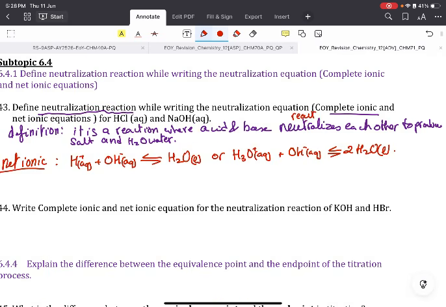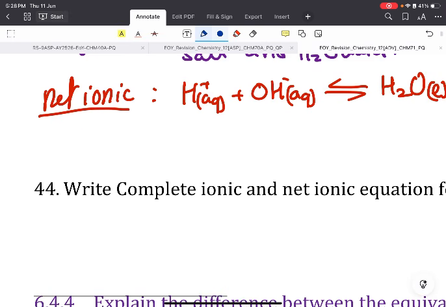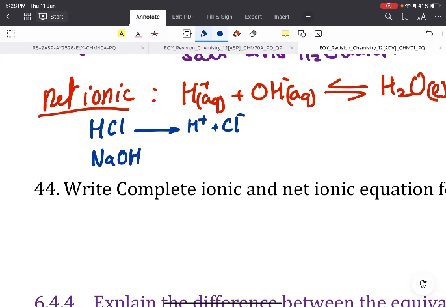Now, when we talk about the complete ionic equation, I'm going to give you a very simple method to write the complete ionic equation. You take the acid first, and then you take the base. And acid is H plus and Cl minus when it ionizes, and the base is Na plus and OH minus.